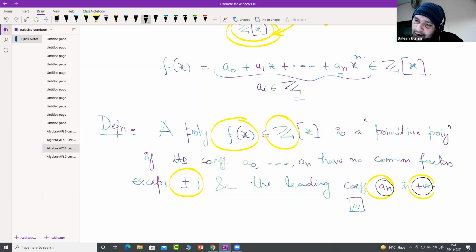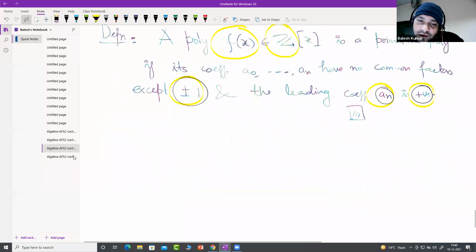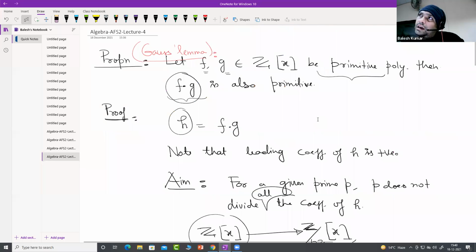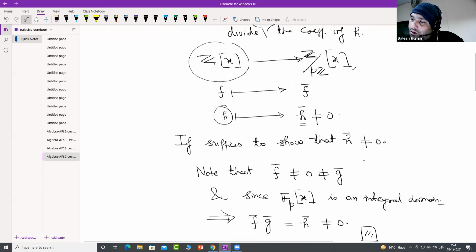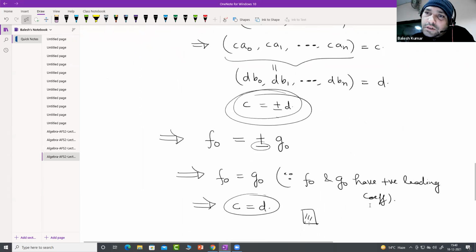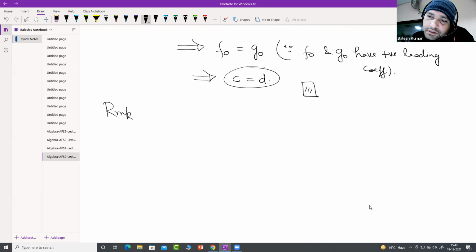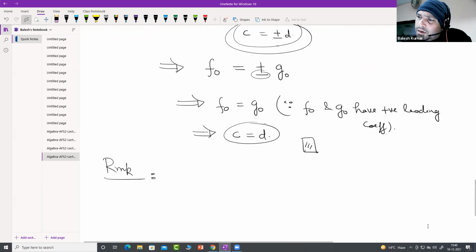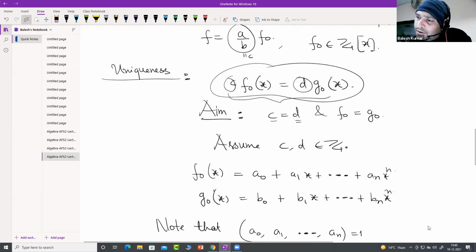Everywhere you will replace plus minus 1 by units, but the same argument will prove that if you take any unique factorization domain and look at a polynomial ring over it, then that will again be a unique factorization domain. Polynomial ring over a unique factorization domain is a unique factorization domain. Okay, so let me write down certain remarks that are clear from this. If we take a rational polynomial, then we have this.